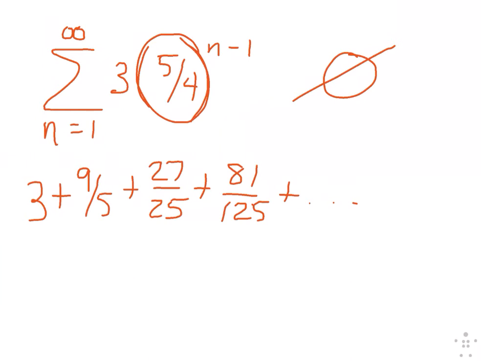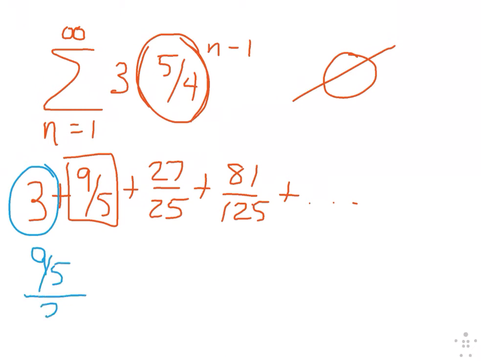To see if it even works, you take this number 9/5 divided by this number 3. This will give you your R. If that number is less than 1, continue. If it's not less than 1, stop.